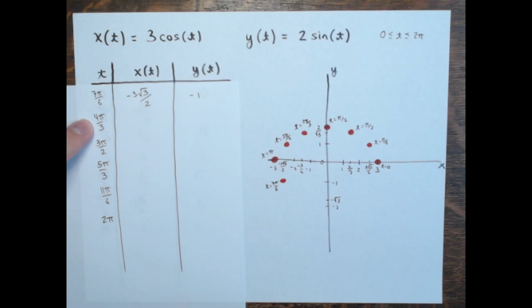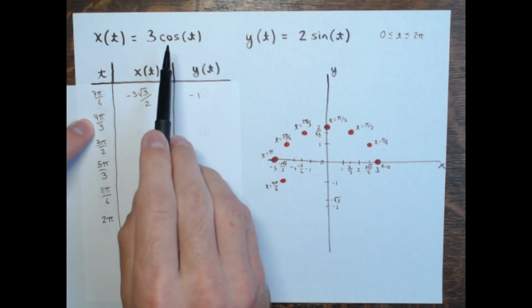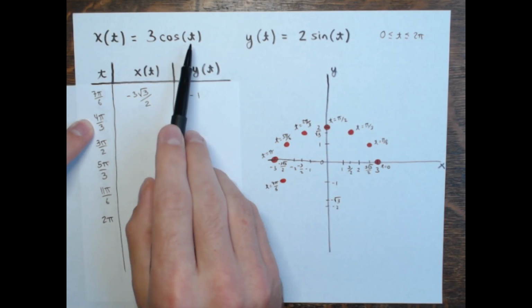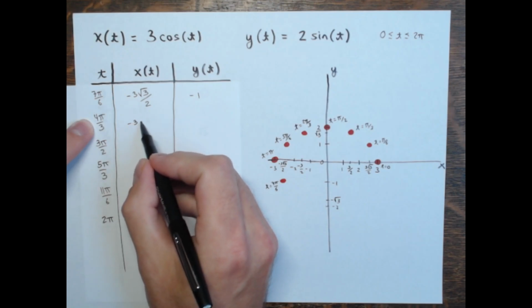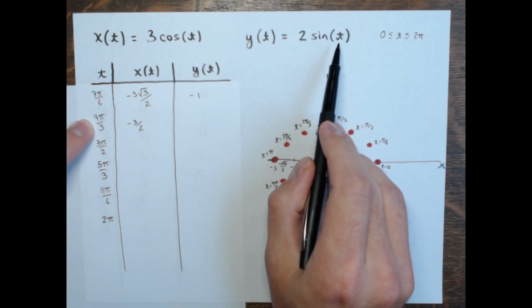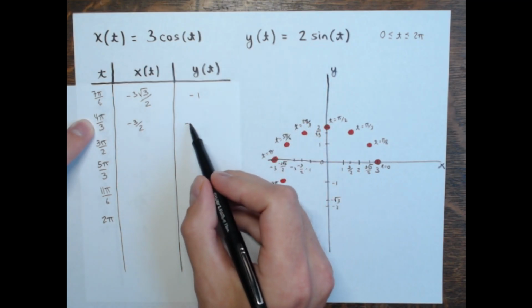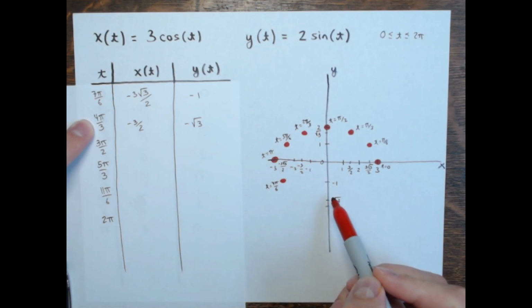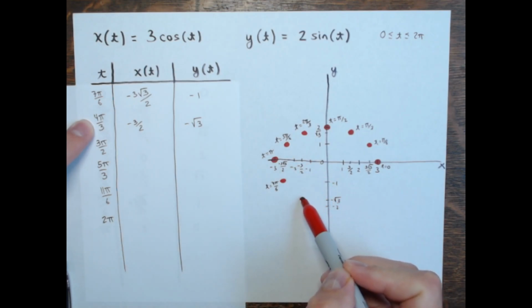And then when t equals 4 pi over 3, all right, cosine of 4 pi over 3 is negative half. So times 3 would be negative 3 halves for the x-coordinate. Sine of 4 pi over 3 was negative root 3 over 2, so times 2 would be negative square root of 3. So negative 1.5 for the x, negative root 3 for the y.